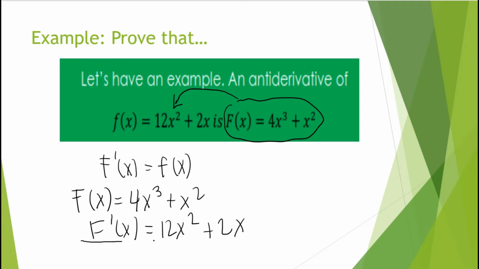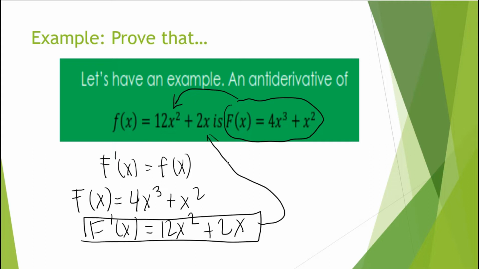Since parehas ito at saka yung ating f of x, therefore, the statement holds true that the antiderivative of small f of x equals 12x squared plus 2x is, in fact, the big F of x equals 4x cubed plus x squared. Furthermore, ibig sabihin nito that the integral of small f of x is equal to big F of x. So, let's try, no? Bago tayo pumunta sa theorems of antidifferentiation.